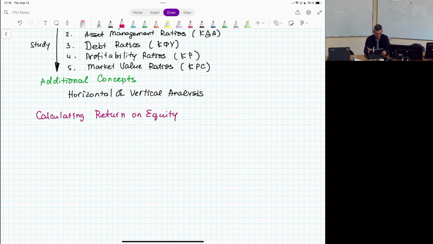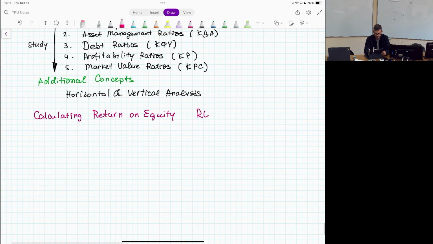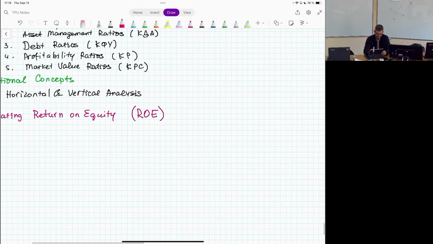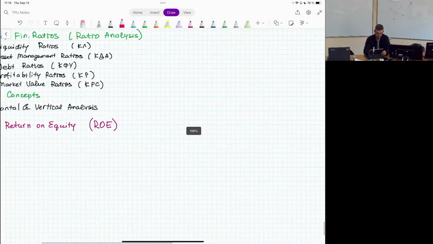Return on equity. By the way, the return on equity is shortened to ROE. Слышали когда-нибудь такое? ROE. Аббревиатура. ROE.